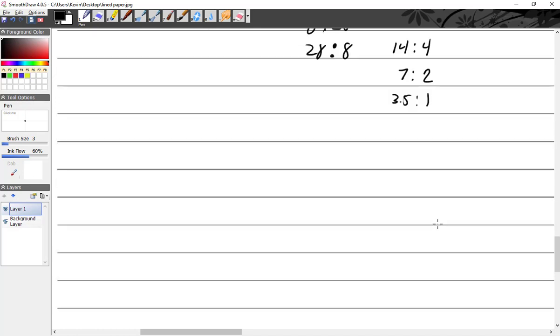So, solving word problems. They're very, very simple. Every word problem on the FAA test can be solved by creating a simple proportion, and you just have to set it up right.